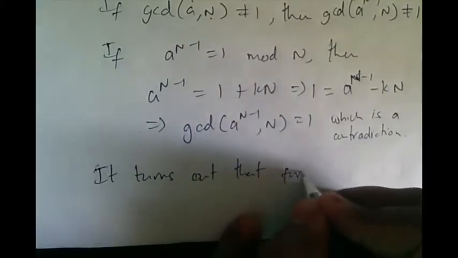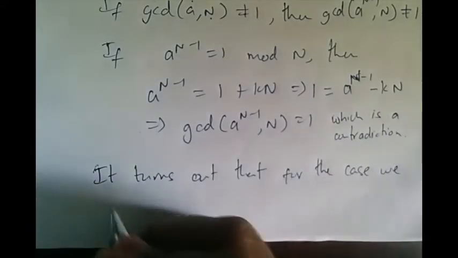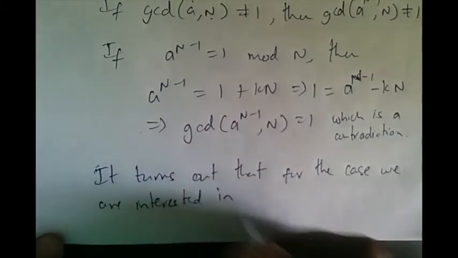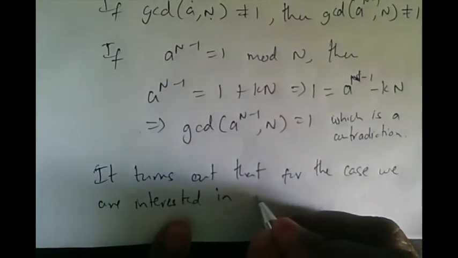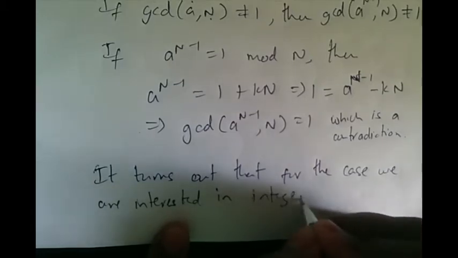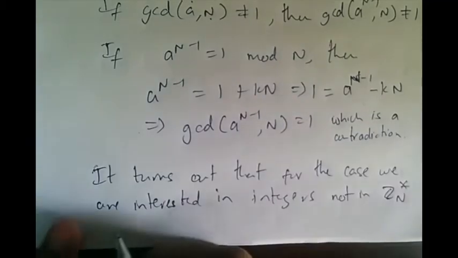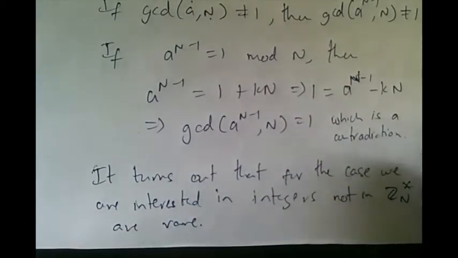For the cases we are interested in, integers not in Zn star are rare. Okay, let me quantify that.